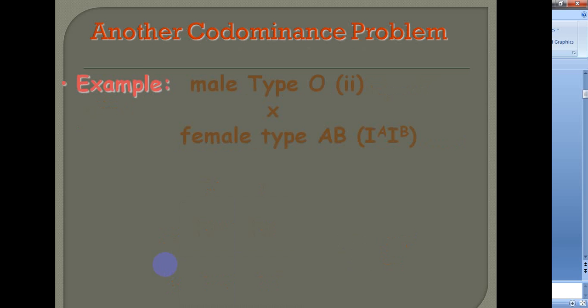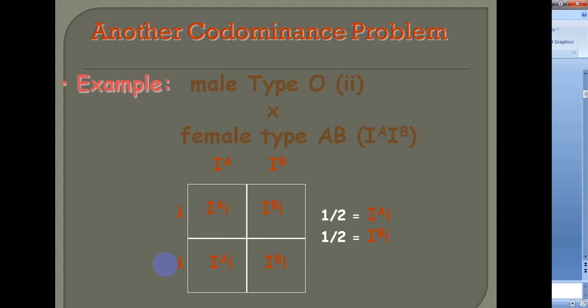Another problem: a male without these alleles is crossed with a female of type AB. Then for the female, in the gametes we have both the alleles, so 50% are of A type and 50% are B type, and both are heterozygous in nature.